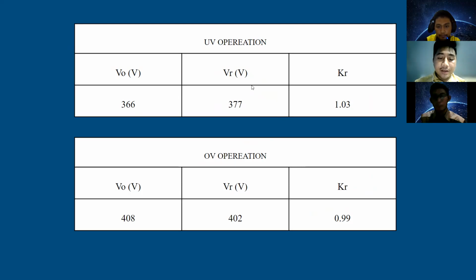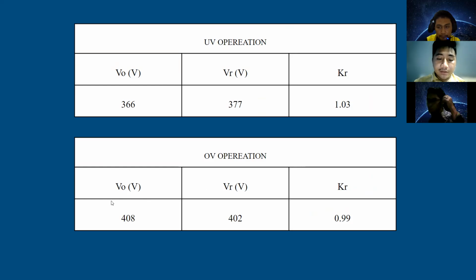Next, for the over voltage operation, first of all, we must push the stop button to reset the system. Then we push the start button and increase the voltage until 380 line to line. Then slowly increase the voltage until the buzzer is alarming. Then we take the result, which is VO, the operating voltage.